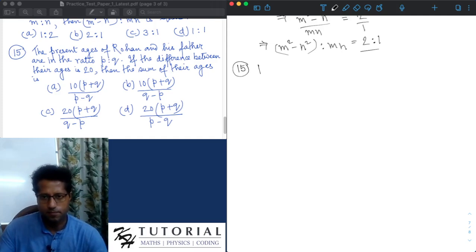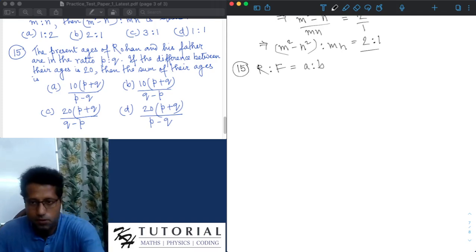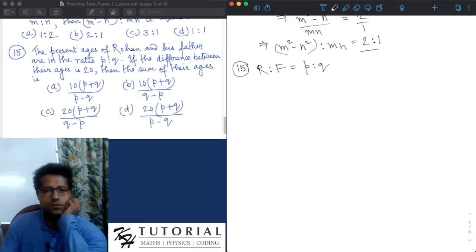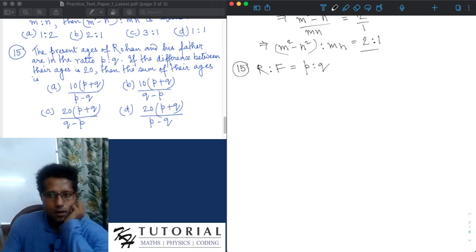It is given that R is to F is P is to Q.